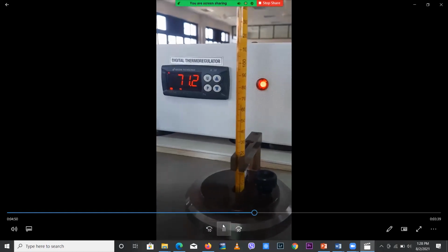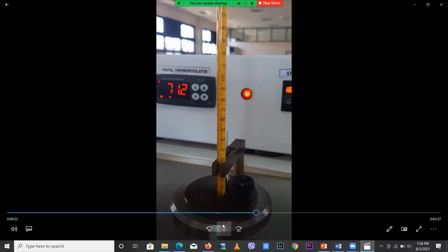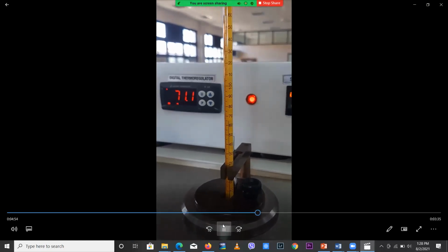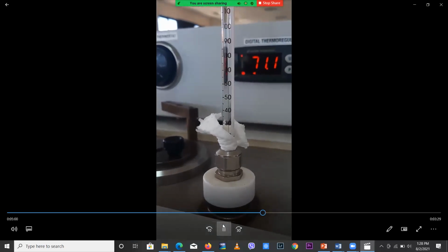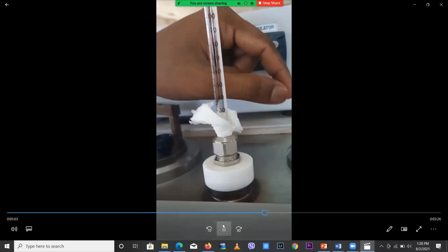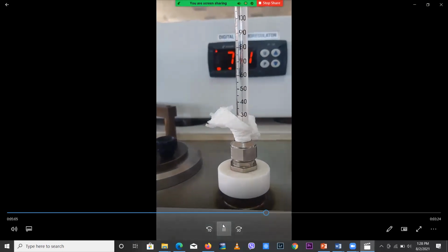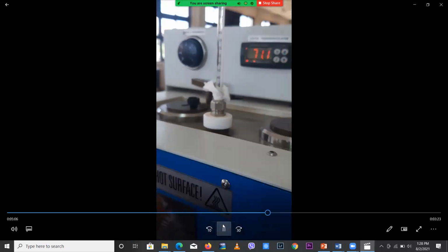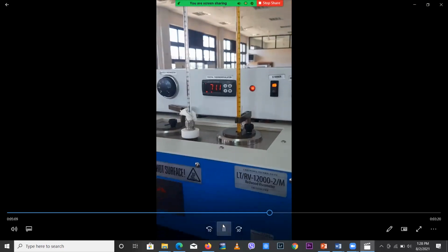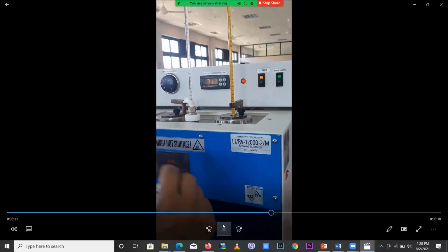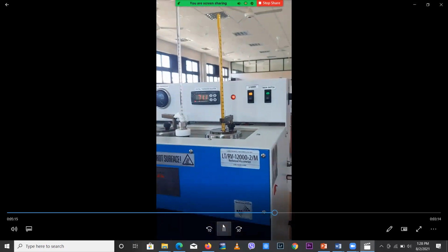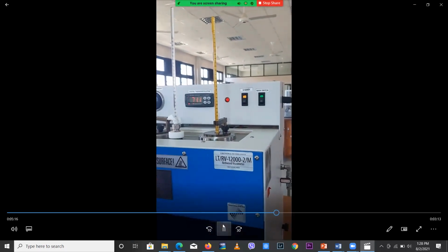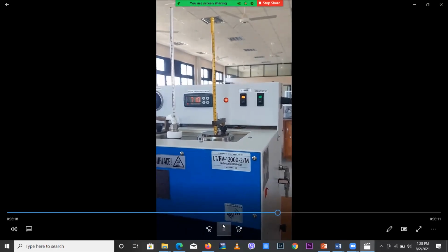That means we still need to give some time for the sample to get the heat from the water, and the sample temperature to become 70 degrees Celsius. After it becomes 70 degrees Celsius, we will start to collect the sample.